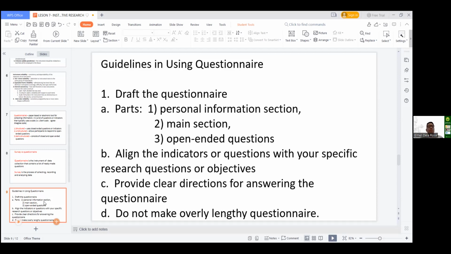Lalong-lalo na kung dumating ka doon na hindi ka nag-abiso, biglang may ginagawa sila, they are busy doing or preparing for an exam, but you ask them to write or to answer your questionnaire. So it's very lengthy and they are busy reviewing for a test, then they might not take answering your questionnaire seriously.